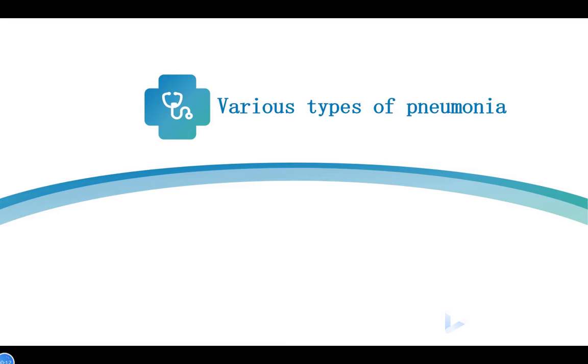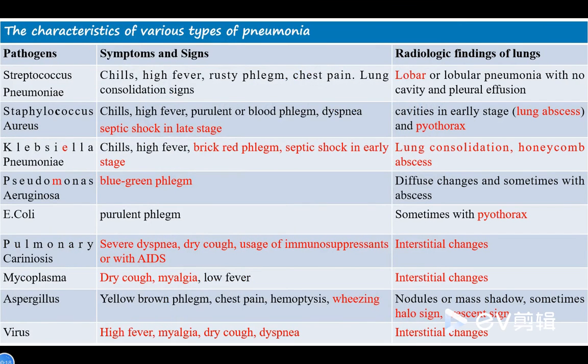And now let's move to the various types of pneumonia. This table shows the characteristics of the various types of pneumonia according to the different pathogens.